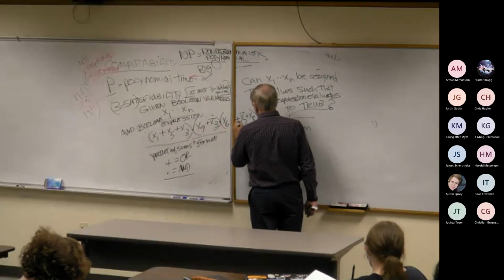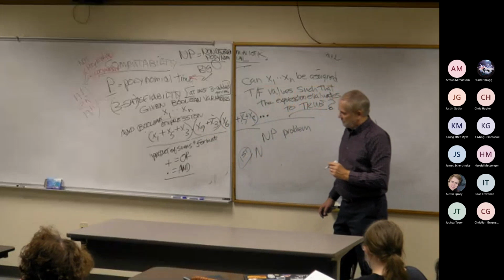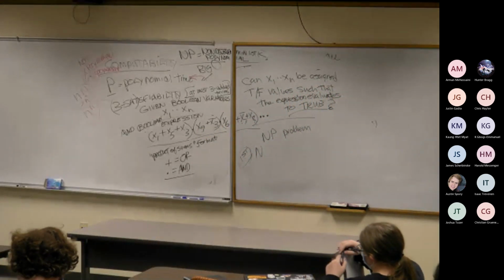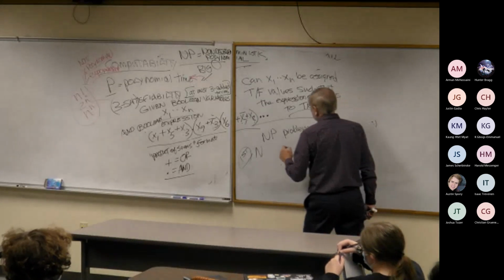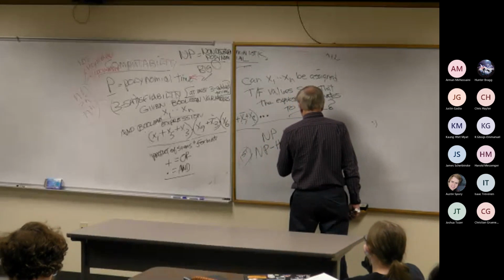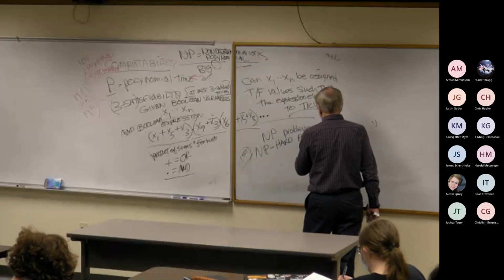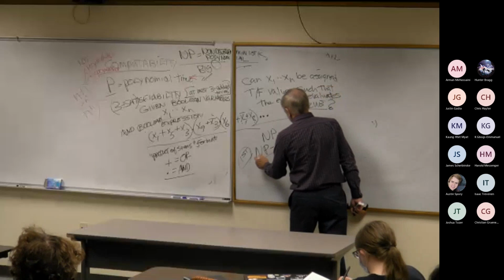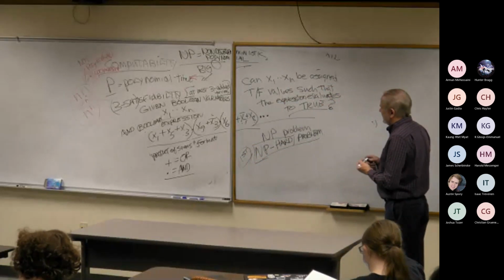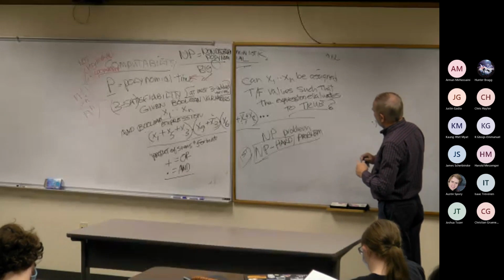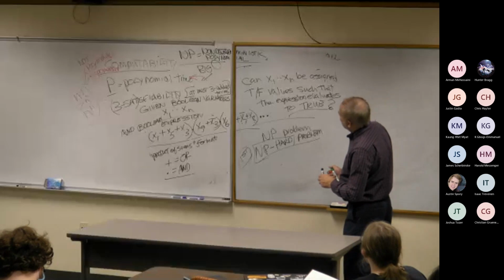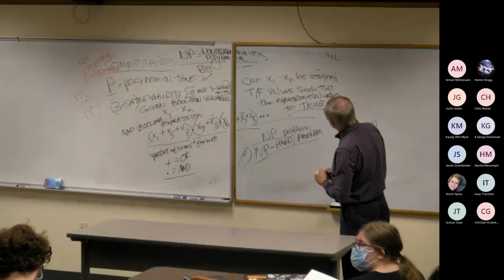This one has 2, this one has 3. So 3-SAT is an NP-hard problem. We'll talk about what that means as we go along.